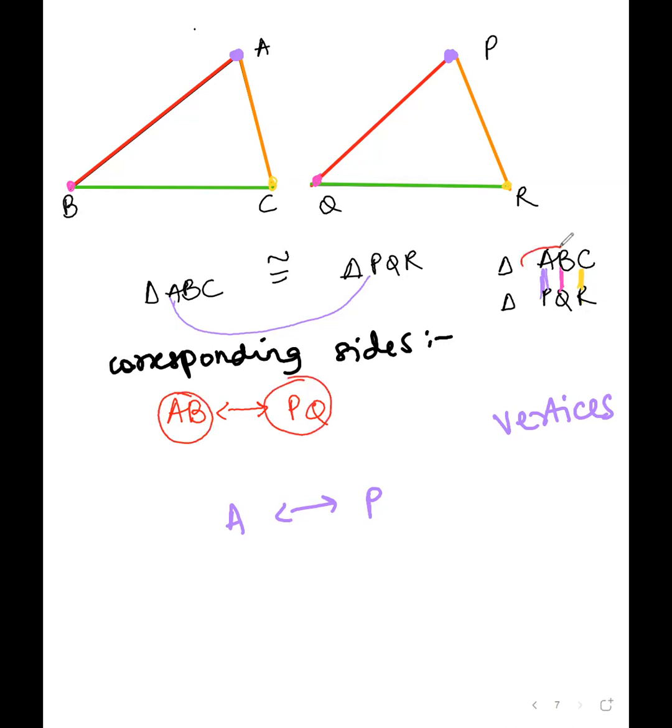So AB is right on top of PQ, and similarly BC is right on top of QR. So this is one way of identifying which sides are corresponding to which sides, because over here the triangles are simple. What about AC and PR? Let me first erase this part. AC is like this. PR is like this. Yeah, I understand.